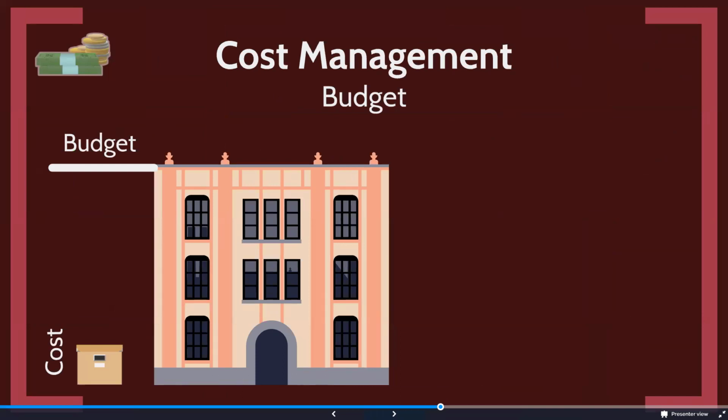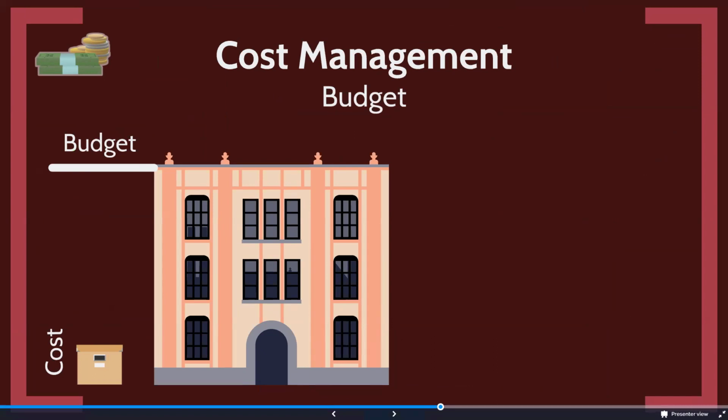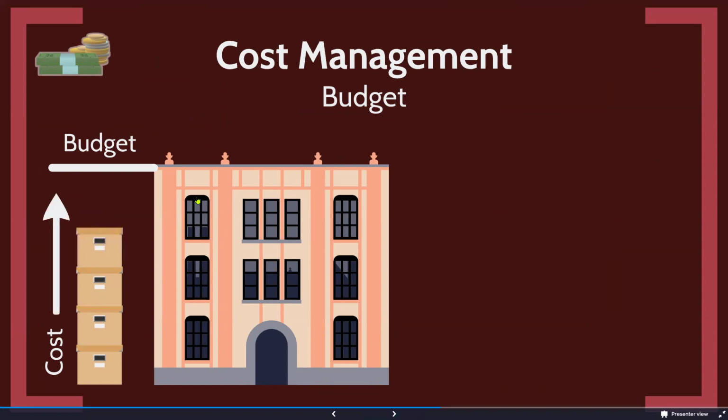Now, let's talk a little bit more about the difference between cost and budget. And so budget is going to be the capacity. Again, remember, the budget is determined for the project. So imagine if we had a warehouse, right? So we have a warehouse, and that warehouse has so much capacity in order to be filled with crates. And we can kind of consider the crates as analogous to our costs here. And so as we continue filling up the capacity of the warehouse, we may have a cap on it.